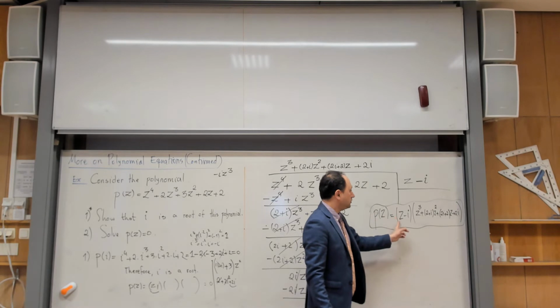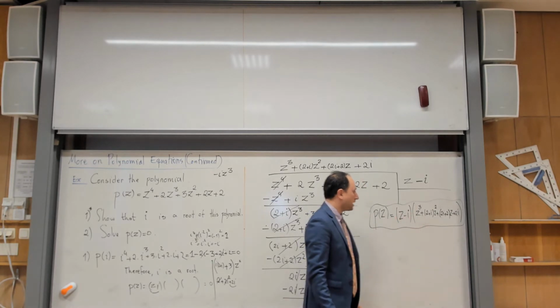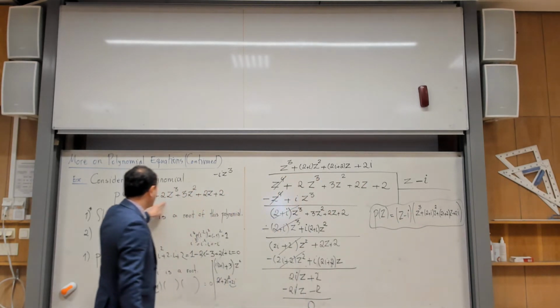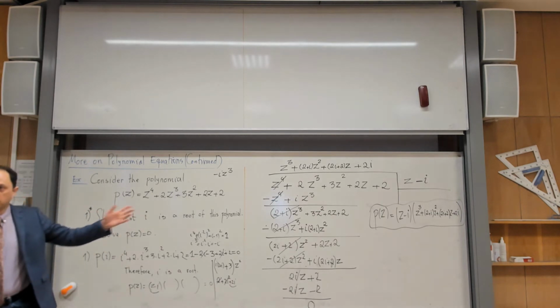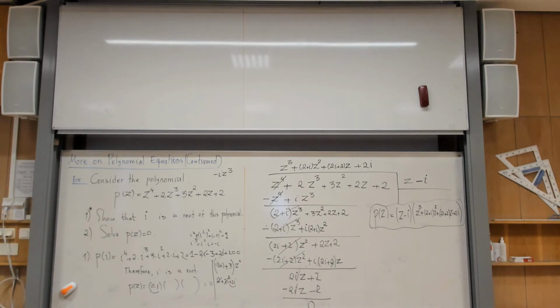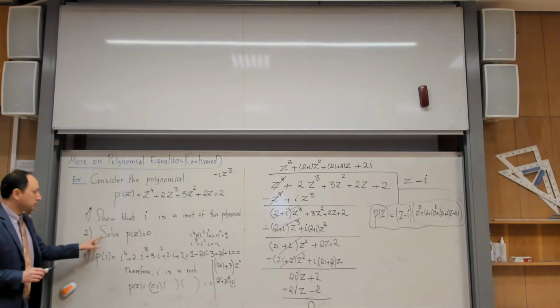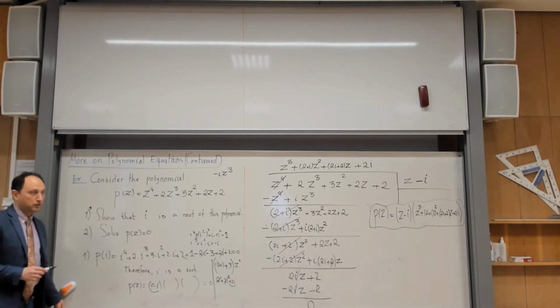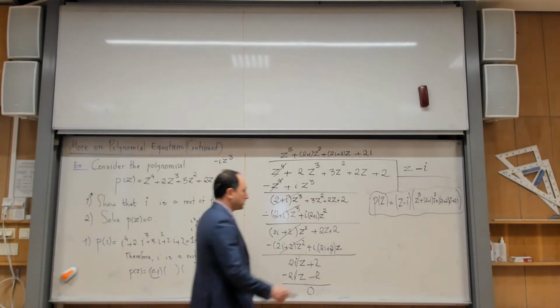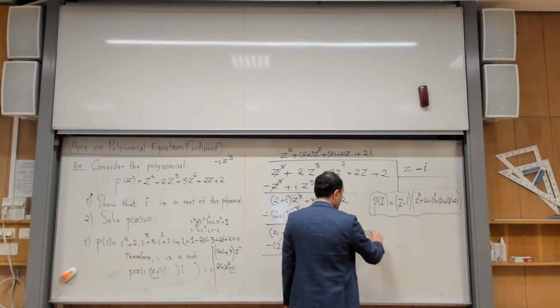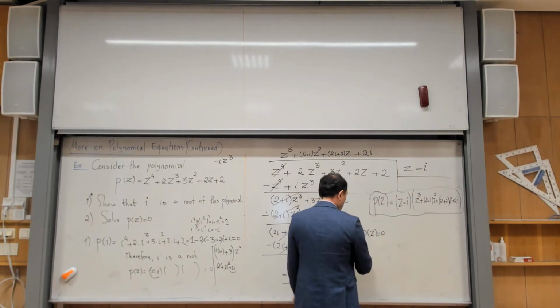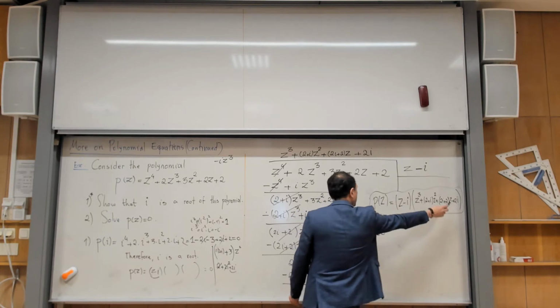If you don't believe, you have to be patient and multiply this back, and you will get this result. But why do you think it is not that useful here now? Because the reason that I do this is that I want to solve the equation. So if I want to solve the equation, it means that I set P of z equal to 0. This means that this expression is 0.